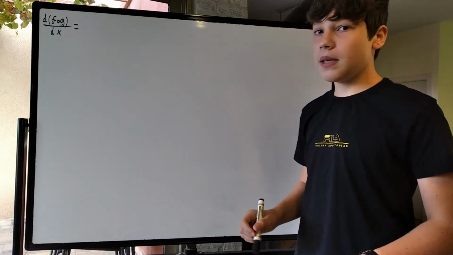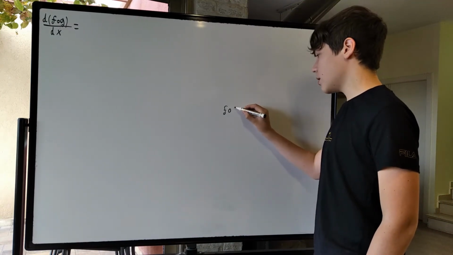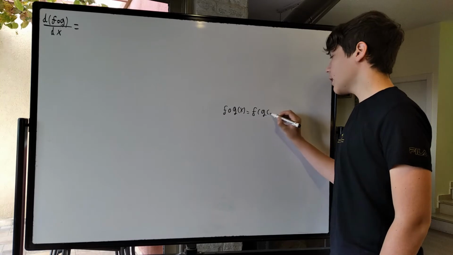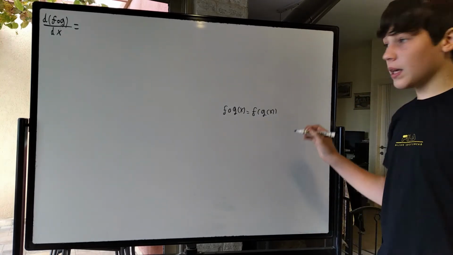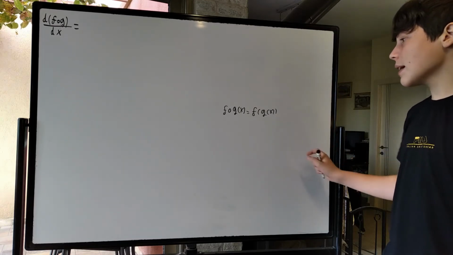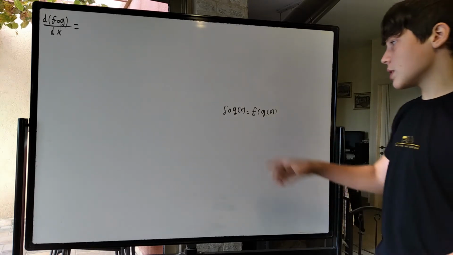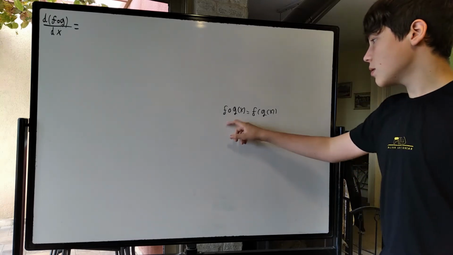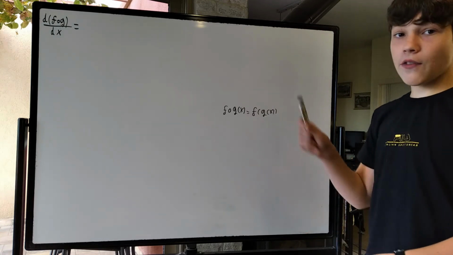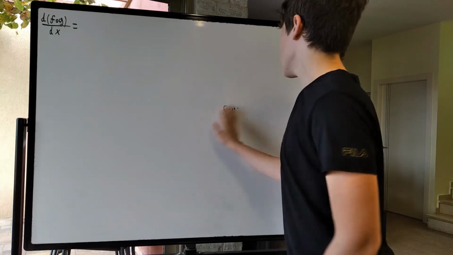So it basically means that the definition of this function is we calculate g of x, and then we put that as an input for f, and then that output is f of g of x, which is also written like this, f circle g of x, which is g inscribed in f. So f, this empty circle g of x, is just f of g of x. So that's just the definition of it.